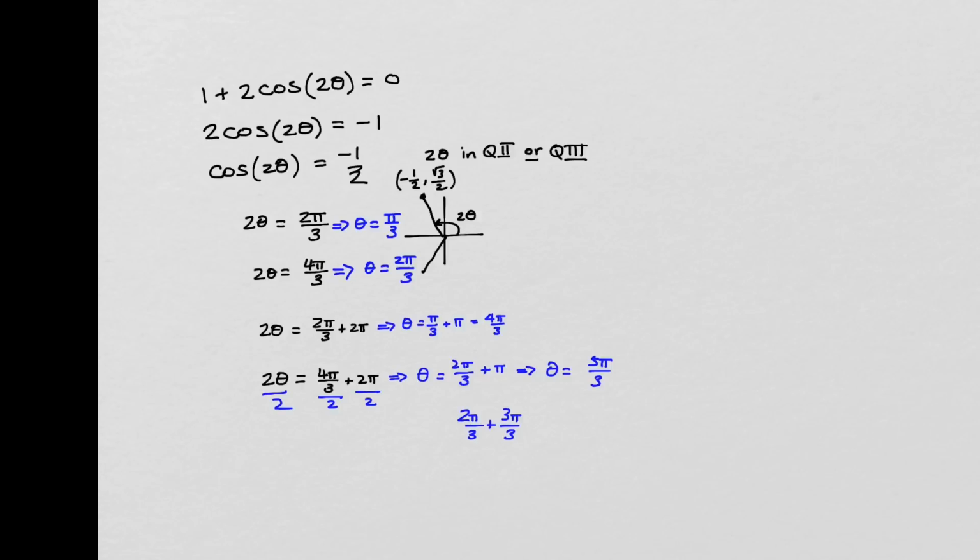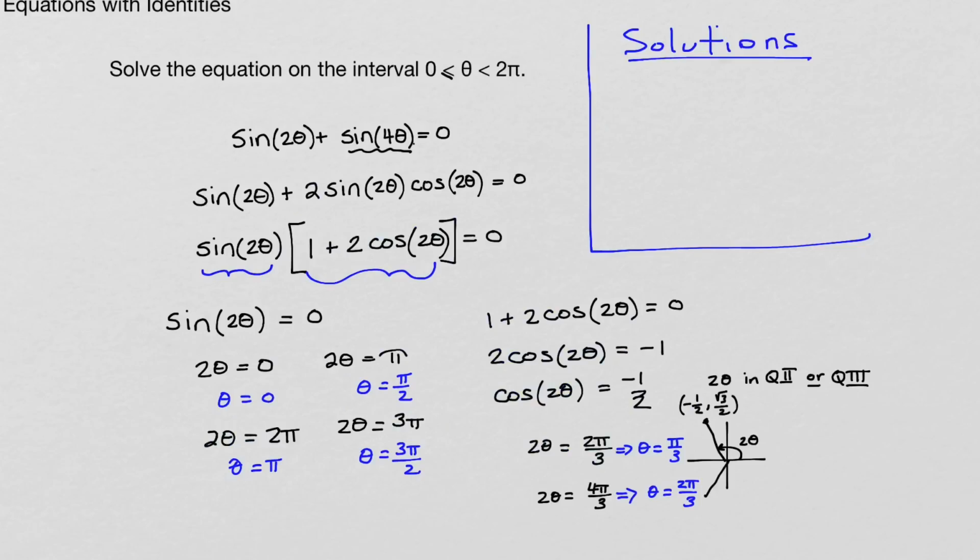Okay, so now I have all the solutions that I need. So I'm going to write these as one group of solutions. Okay, so now I can see that I have the solutions 0, pi over 2, pi, and 3 pi over 2. So let's start with that. And now what other solutions did we get? We got pi over 3 and 2 pi over 3.